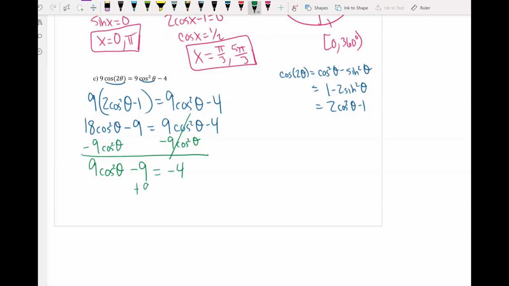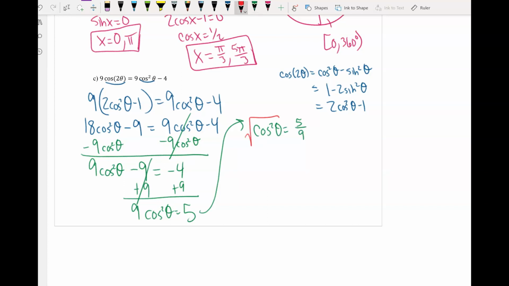So let me add the 9 over. So I get 9 cosine squared theta, and I'm going to take that 9 and subtract 4. I'm going to get 5. And what you're going to get is cosine squared theta equals 5 over 9.